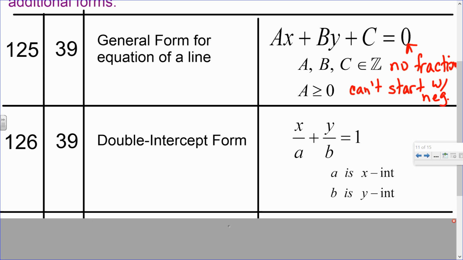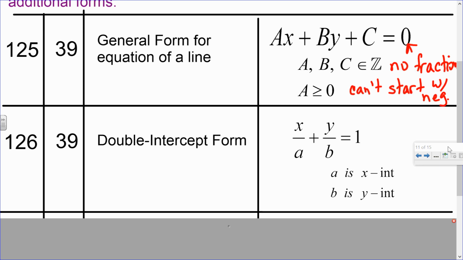Double-intercept form is interesting and nice and useful. If you know both the x and y-intercepts, you can write down the equation: x over whatever positive or negative number for where the line crosses the x-axis, plus, this must be a plus right here, y over whatever your y-intercept is.